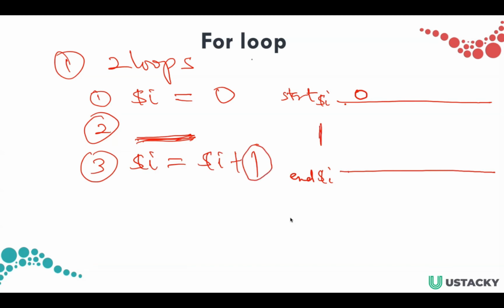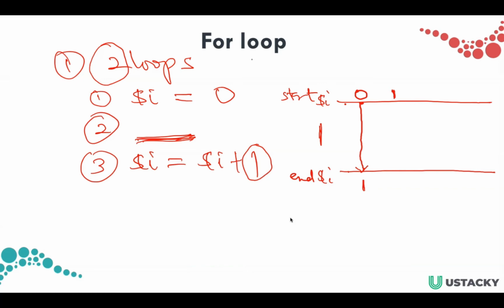So when you begin the first loop, you are required to write 2 loops. For the first loop, you have this coming to this. This is a complete loop. At this point, our $I is 1. And this 1 is going to be the beginning of $I for the next loop.